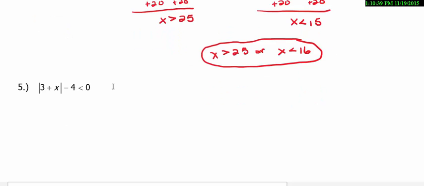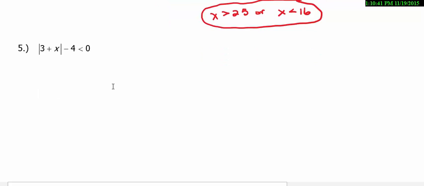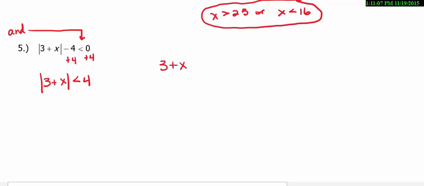Moving down to number 5. Number 5 is slightly different because what we do first is move the 4 over to the other side. So we have the absolute value of 3 plus x is less than 4. We know that this is a less than symbol, and if it's a less than symbol, we have the word and between our inequalities. So we have our positive case, 3 plus x after we drop the bars, less than 4.